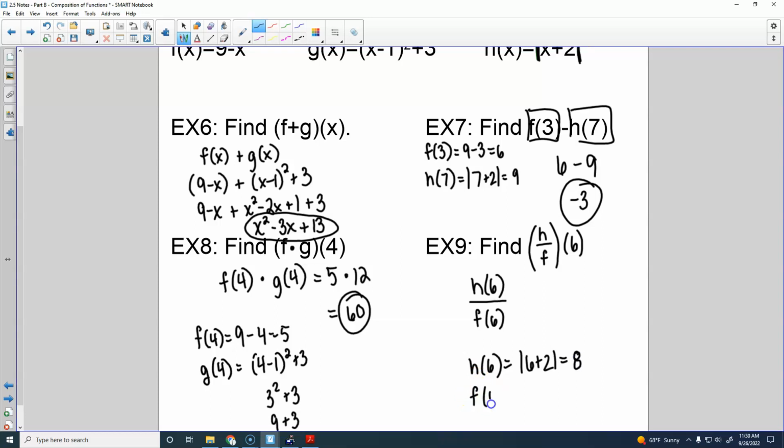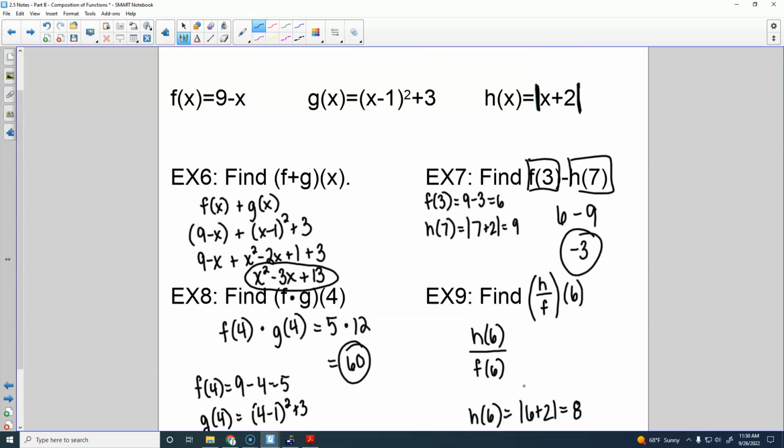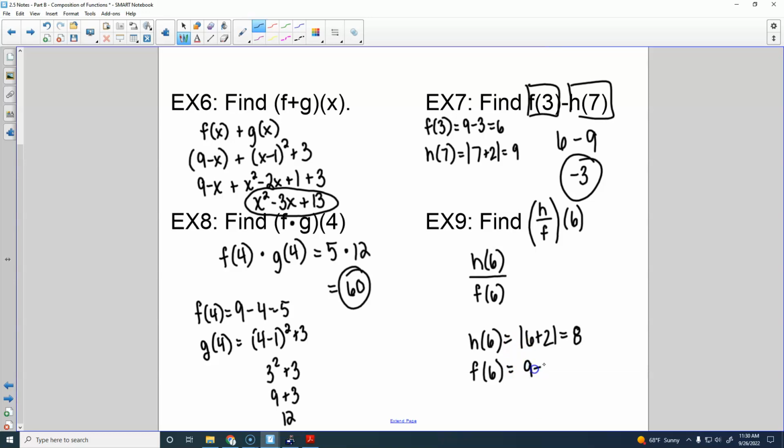And f of 6, which is 9 minus 6, which is 3. So we would just have 8 over 3. That doesn't reduce, so 8/3 would be our answer. All right.